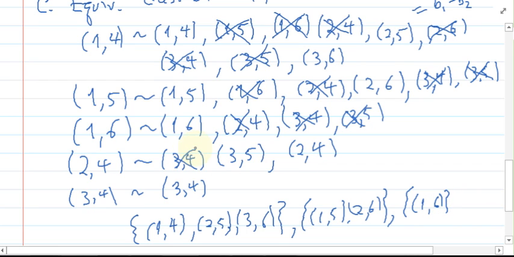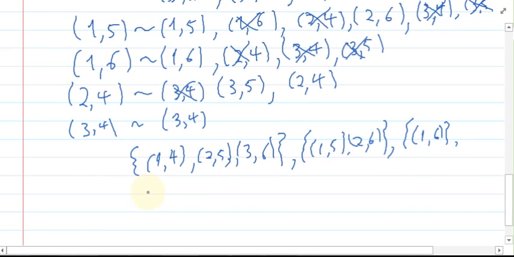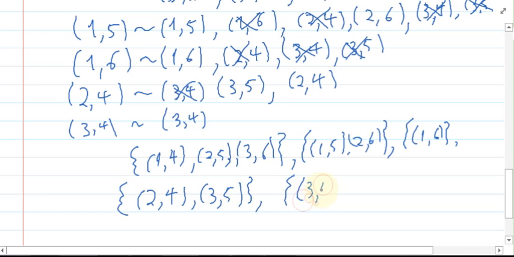The fourth one is (2, 4), (3, 5). And the last one is (3, 4). I should check and make sure that I have 9 elements: 1, 2, 3, 4, 5, 6, 7, 8, 9. So that's the end of my problem, and I've finished.